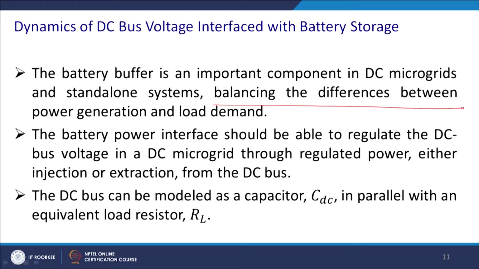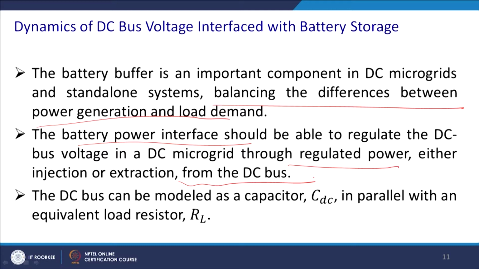Balancing the difference between the generation and the load demand, the battery power interface should be able to regulate the DC voltage in a microgrid through regulated power, either injecting or extracting power from the DC bus.